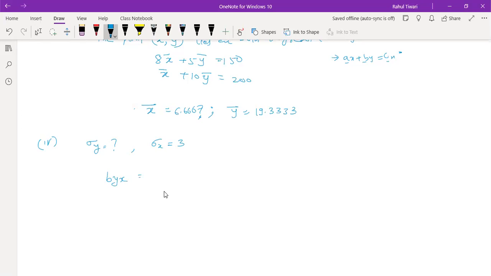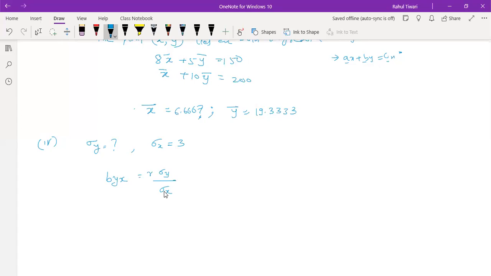Anyone remember? Sigma x is under root summation x minus x mean the whole square divided by n. But I'm not going to use that value. I'm going to use this.